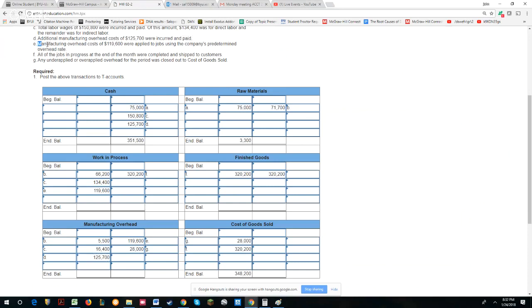Okay. That's that. So next one, I'm not sure on, but I did it like this. Because it said applied to jobs, I think that it means that it's a credit in manufacturing overhead, and the debit goes in work in process because it's to jobs.